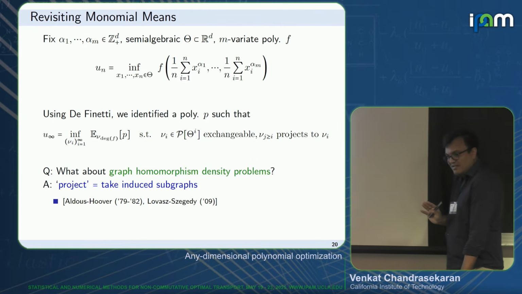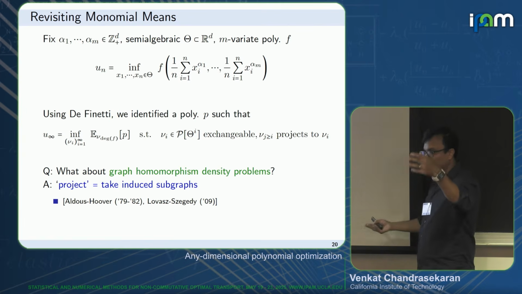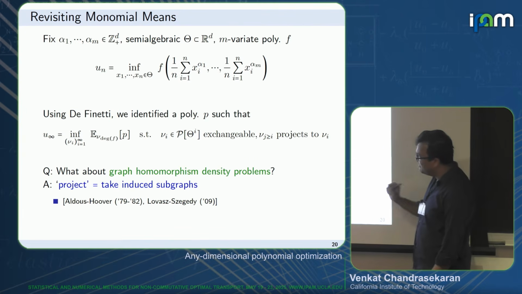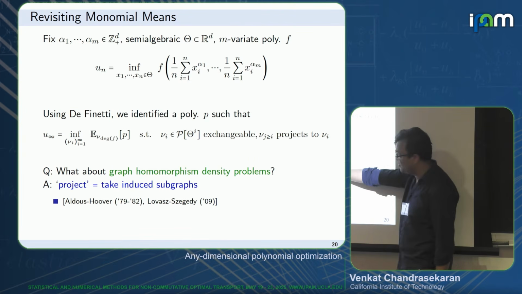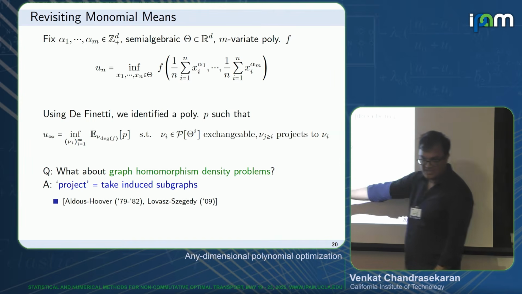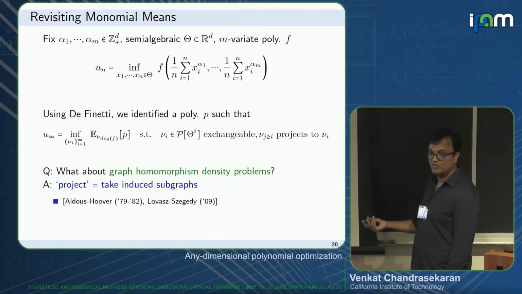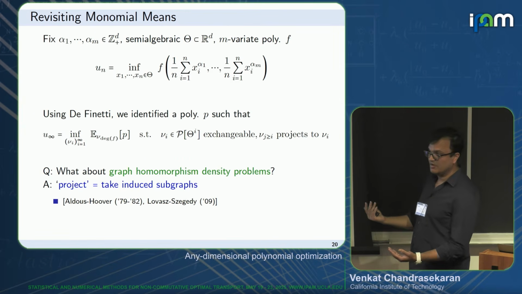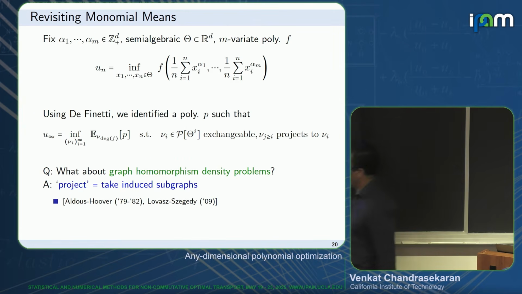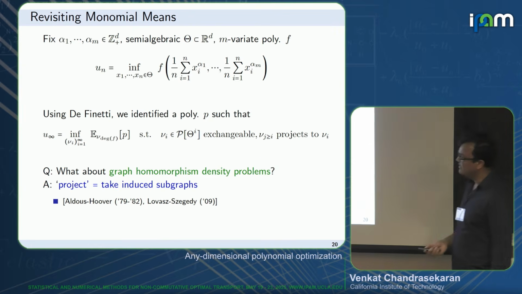It seems believable that this is a natural analog of projections when you look at graphs, but the underlying reason why this is true is a higher dimensional generalization of de Finetti due to Aldous and Hoover, what they call exchangeable arrays. So it's that technique that you'd apply to do this.